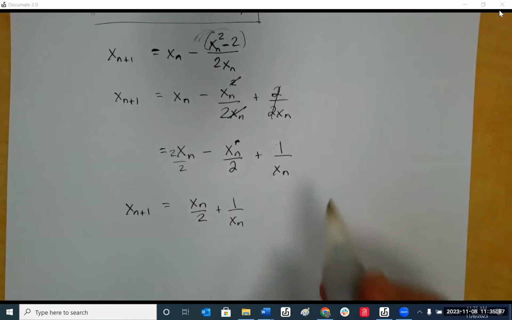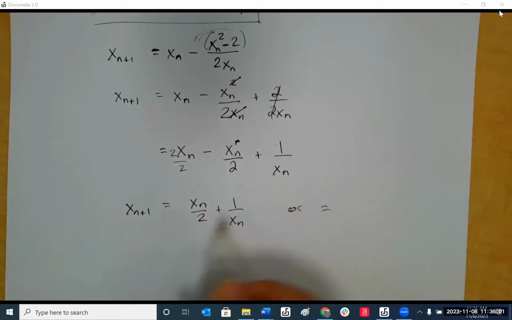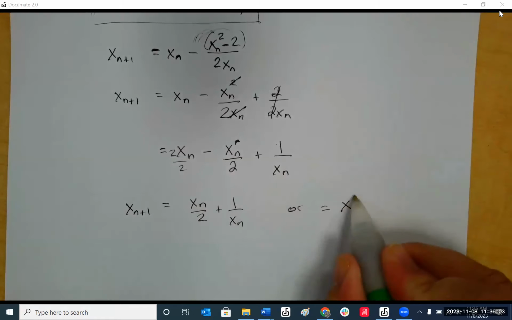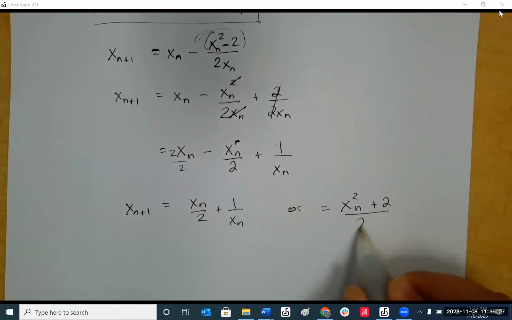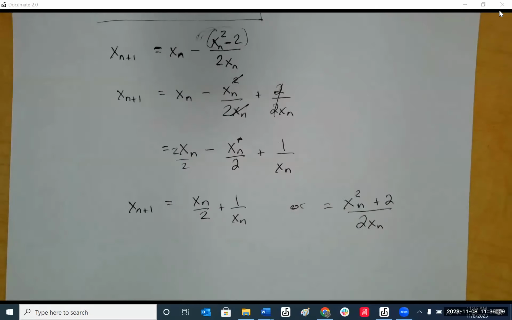You could leave it like that, or you could get a common denominator, and it'll be x squared n plus 2 over 2xn. You could do that. Either one, doesn't matter.